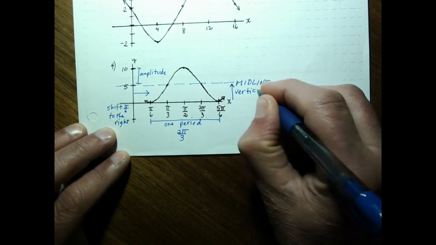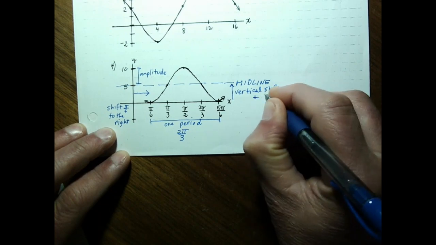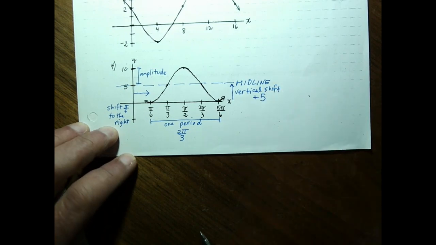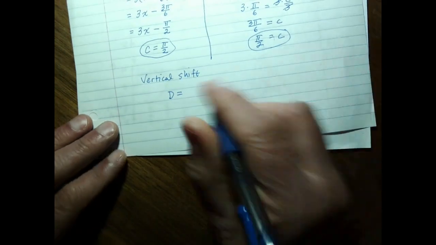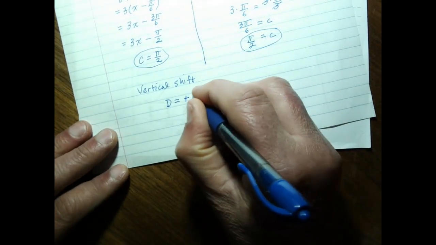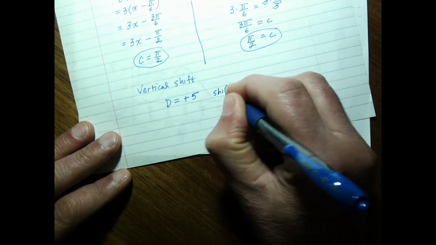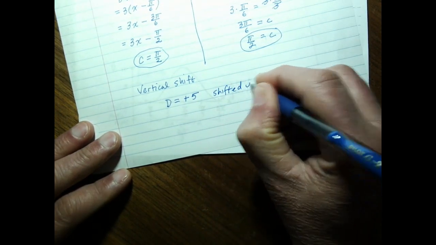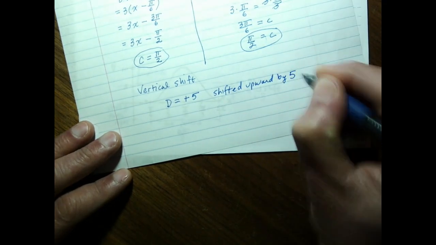So the vertical shift is plus 5 on that graph. That means D is equal to plus 5 because we've shifted upward by 5.